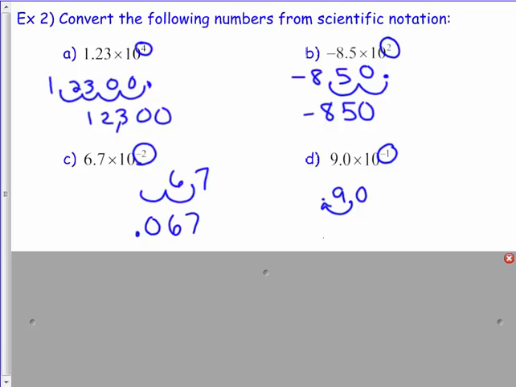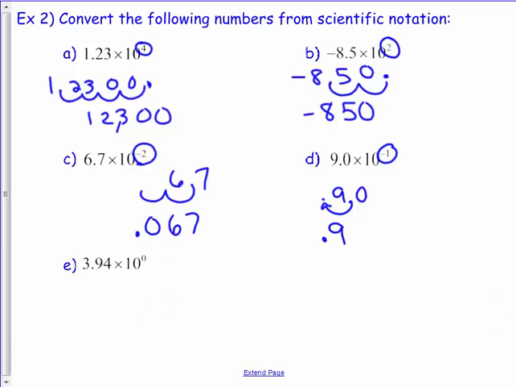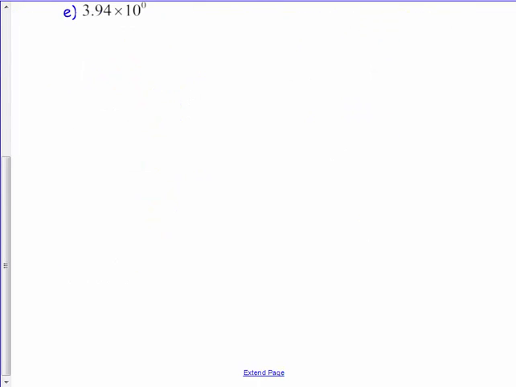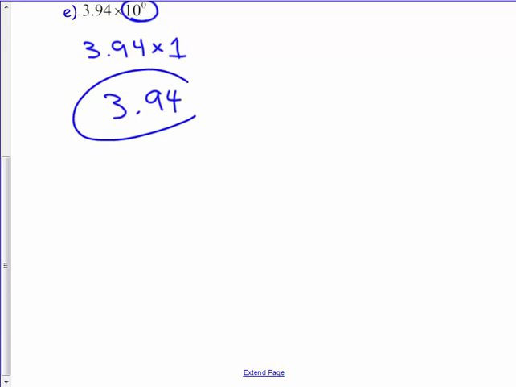It's a negative 1, so I'm going to move over 1 place. So it's just going to be 0.9. And then in E, now E is 10 to the 0. Well, remember, what is anything to the 0 power? That's just 1. So 3.94 times 1, it's just 3.94. It doesn't move anywhere.